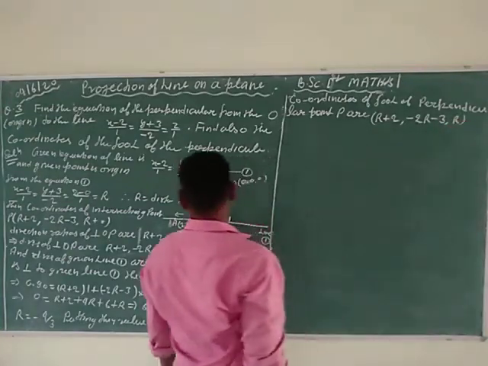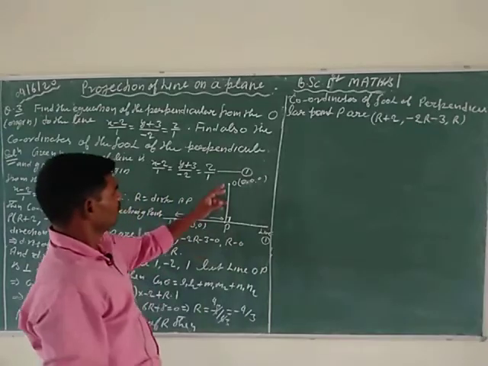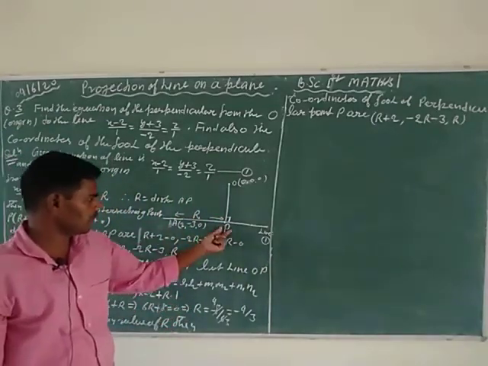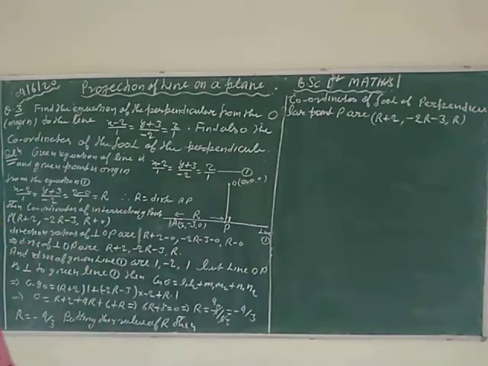These are the coordinates of the foot of perpendicular from point O to the straight line, and the meeting point is P, therefore P is called the foot of perpendicular.